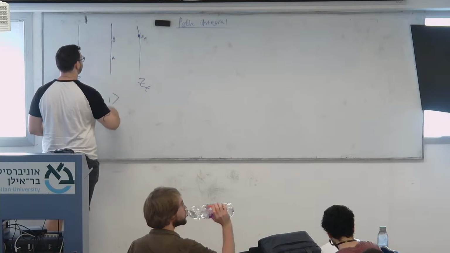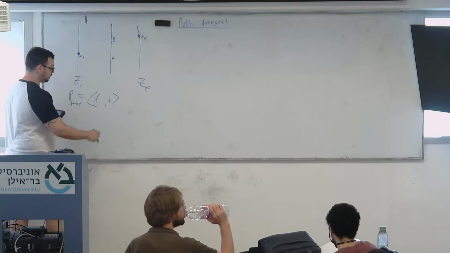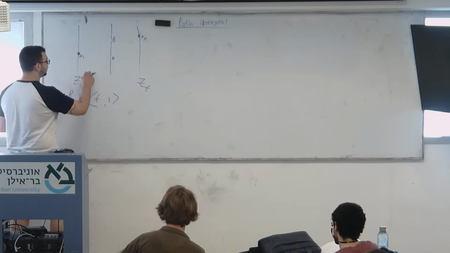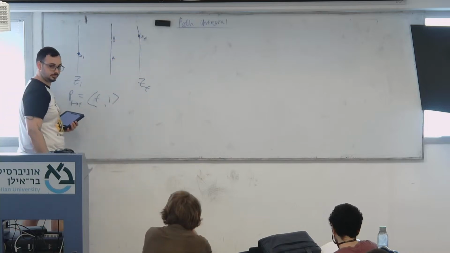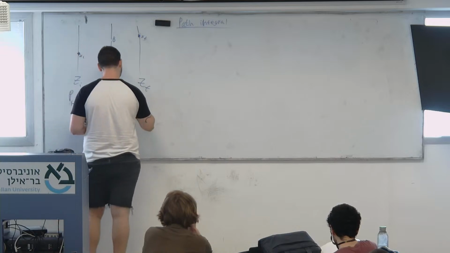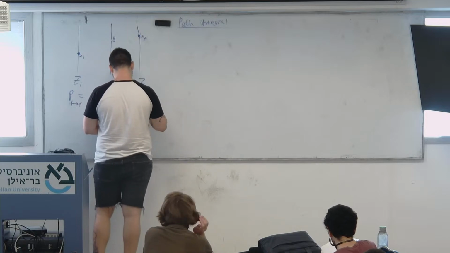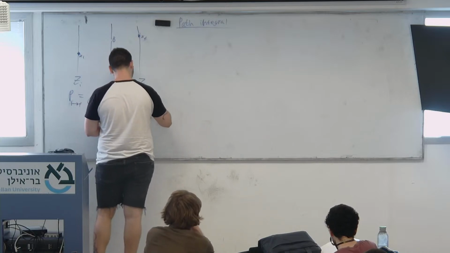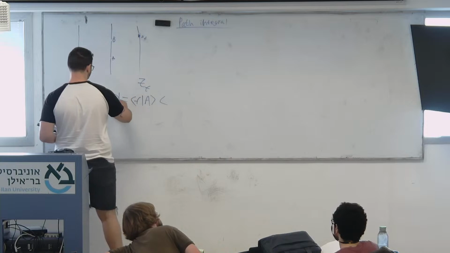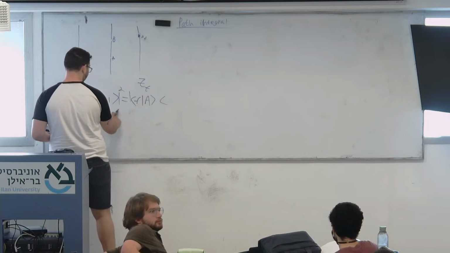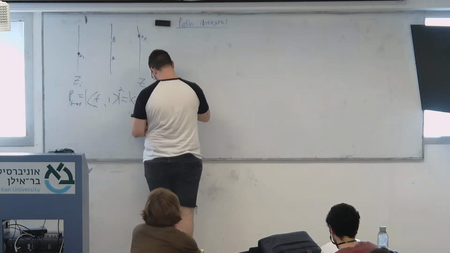One slit will be A, one slit will be B. And now this probability from going from I to F will have to be going from I to A to F or going from I to B to F, equal to, sorry, this is absolute value square. This is absolute value square here because this is full statistics probability.